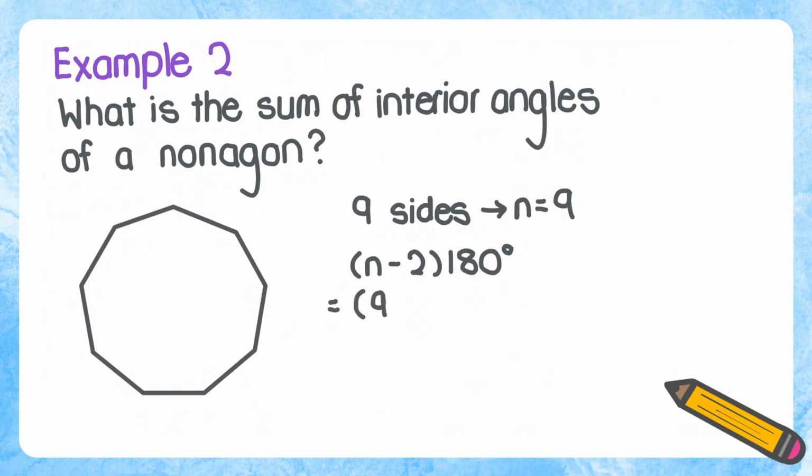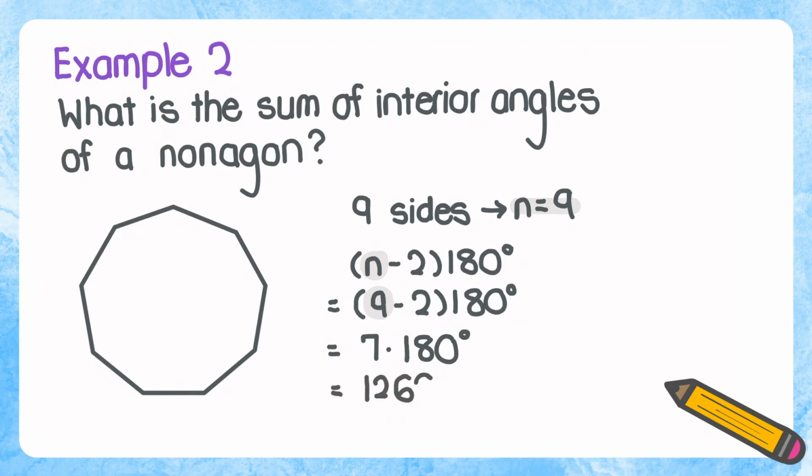We know that n is 9, so 9 minus 2 times 180 degrees. Here again, we're replacing n with 9. 9 minus 2 is 7, so we have 7 times 180 degrees. And what does that equal? 1260 degrees. So the sum of interior angles of a nonagon is 1260 degrees.